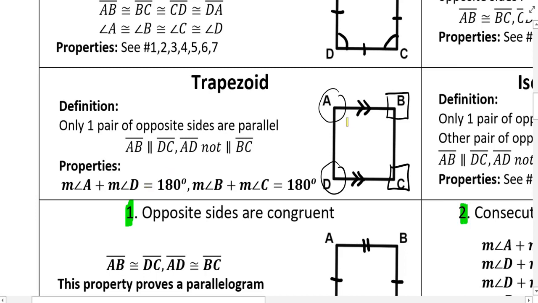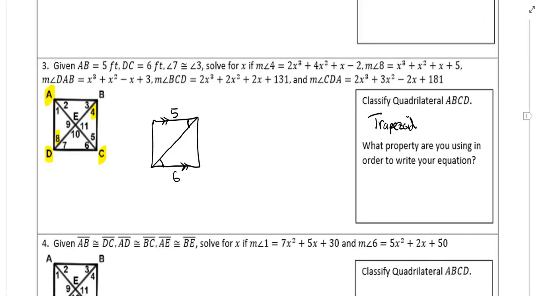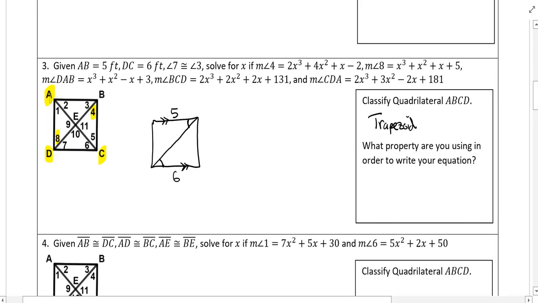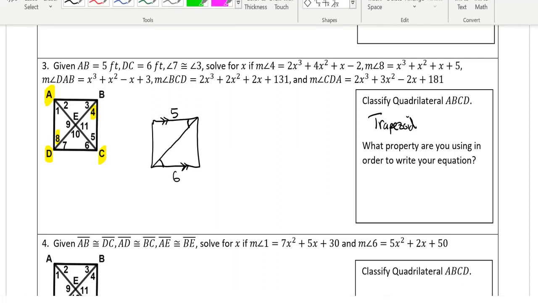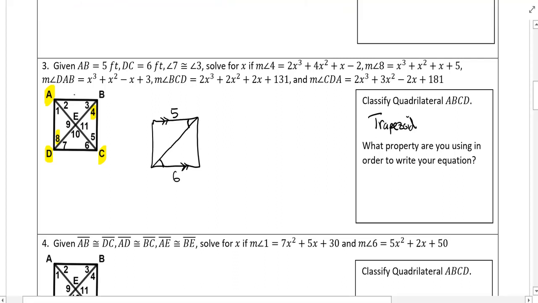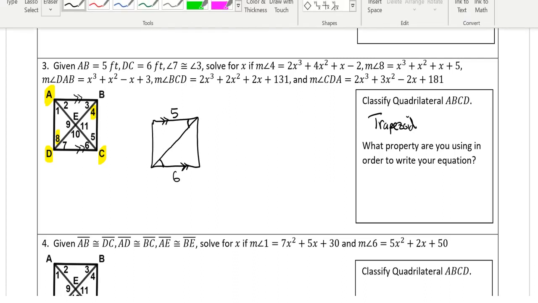Like in the picture, angle A and D will add up to 180, or angle B and C will add up to 180. Over here we have angle A and D, and we know they add up to 180 because they are same side interior, because the top and the bottom are parallel to each other. And that's what I'm going to use.